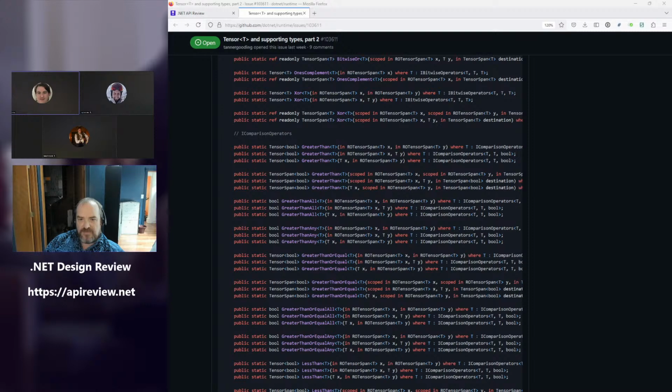And then there are 2 variants of that called relational operator all and any, where those correspond explicitly to: are all of the values in X greater than every corresponding element in Y, and are any of the elements in X greater than the corresponding one in Y. So there's the set of 3 there, and it's following the same convention that we have for the vector types.